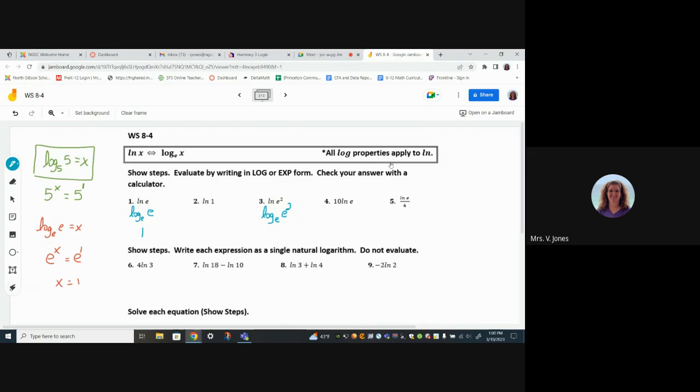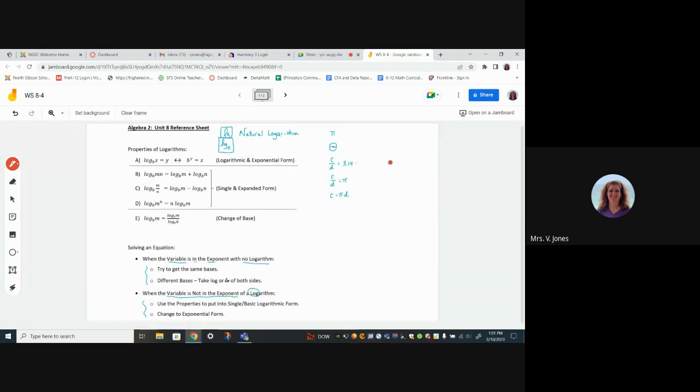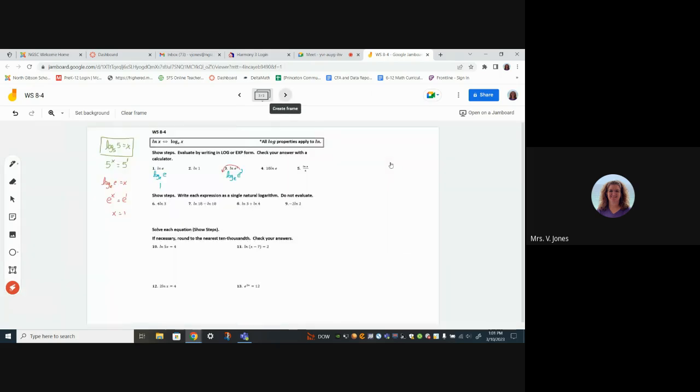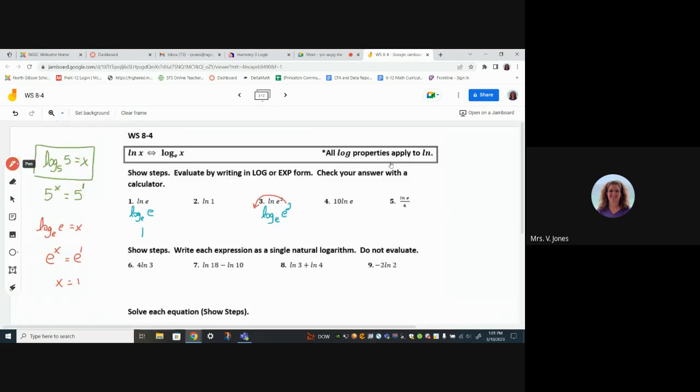All right, now that we see this base right here, now we can use property D. Go back, see your properties, D. We're going to use property D if you want to look at it for a minute. That's the one that takes the exponent up here and moves it out to the front. So we're going to take that number and move it out to the front.